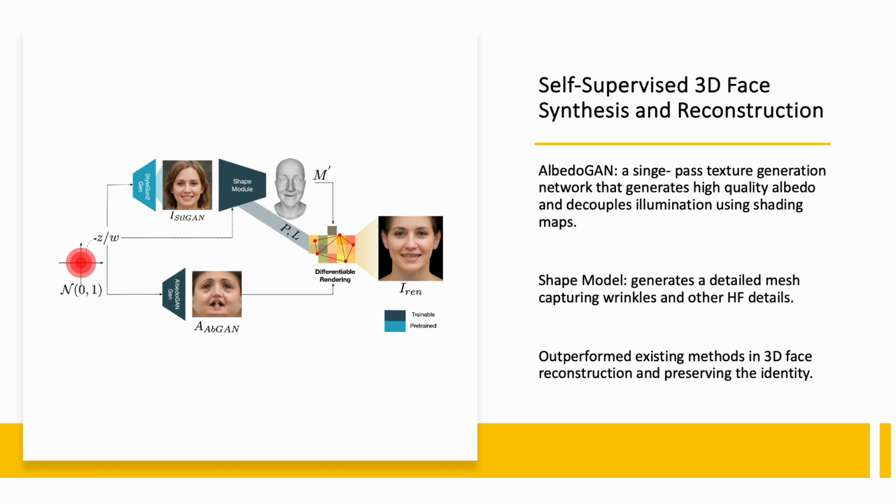Then we have AlbedoGAN, which can predict albedo directly from StyleGAN's latent space for the same corresponding identity. Then we use a differentiable renderer, which takes mesh, texture or albedo along with pose and lighting information to generate a rendered image. The loss between iRender and iStyleGAN is applied to train the AlbedoGAN and shape module.